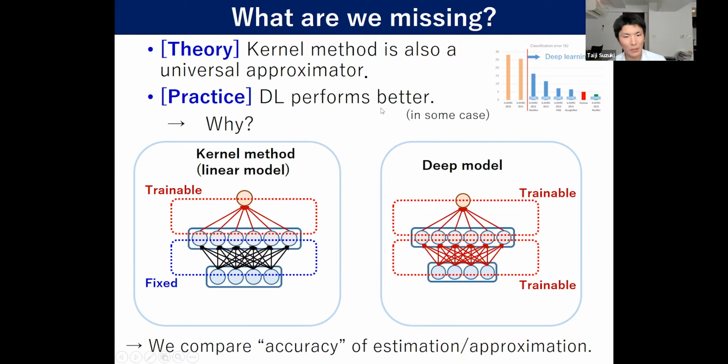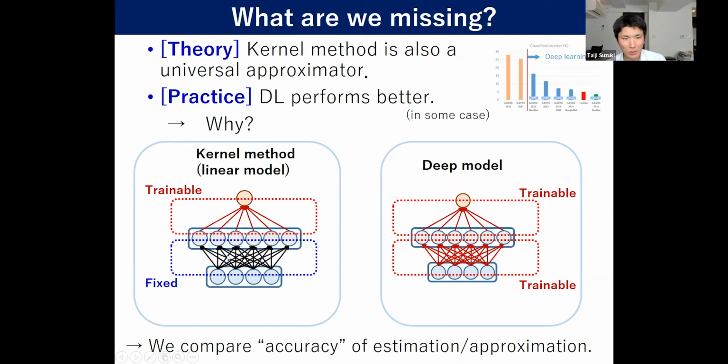Why is it? Maybe you are not so familiar with the kernel method, so you can see it like this. This is just a rough intuition of the kernel method. The kernel method is, roughly speaking, a two-layer neural network. The difference from the usual deep neural network model is that in the kernel method we fix the first layer's parameters.